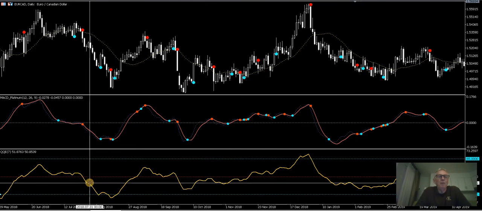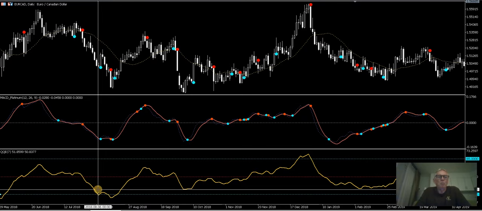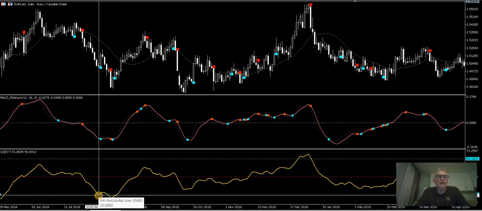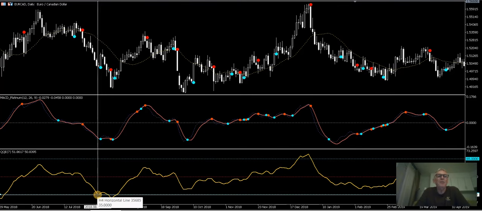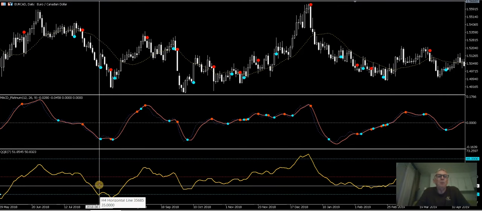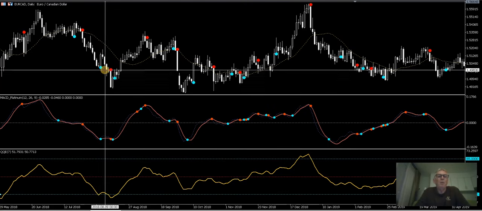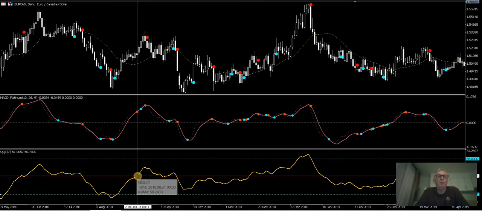All right, so the safe way to do this is as soon as this yellow line touches or goes through, it's just got to touch the 35 level, in this case here, we take a buy on the QMP dot. So there's your buy there. Now our target is for the yellow line to go through the 50 level.